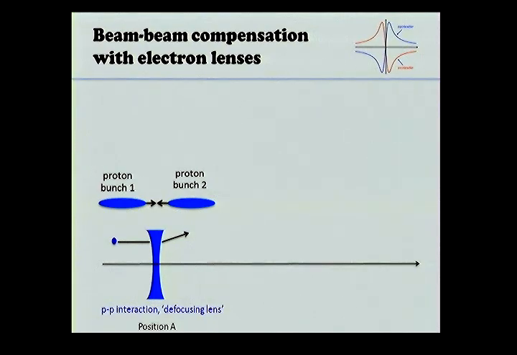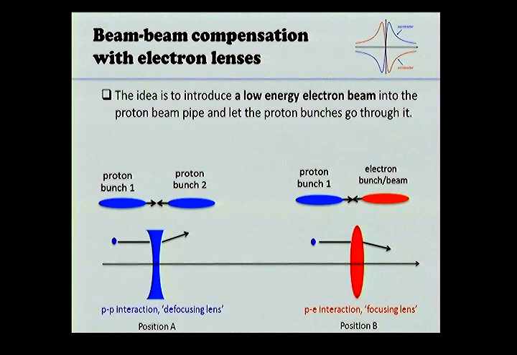So the idea for the beam-beam compensation is to introduce a low-energy electron beam at another location in the ring to let proton bunch 1 collide head-on with the electron beam. For the same particle, when it goes through the electron beam, it will be focused, and the electron beam actually acts like a focusing lens.